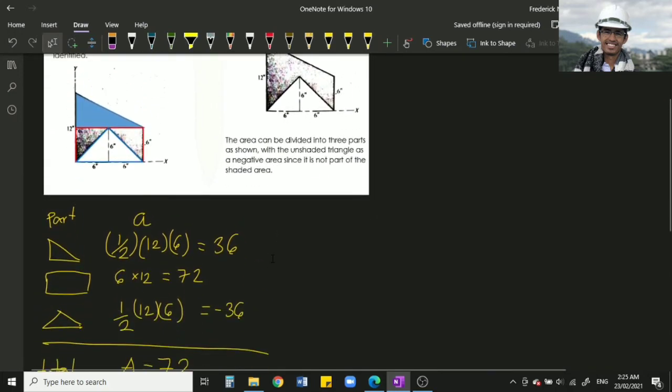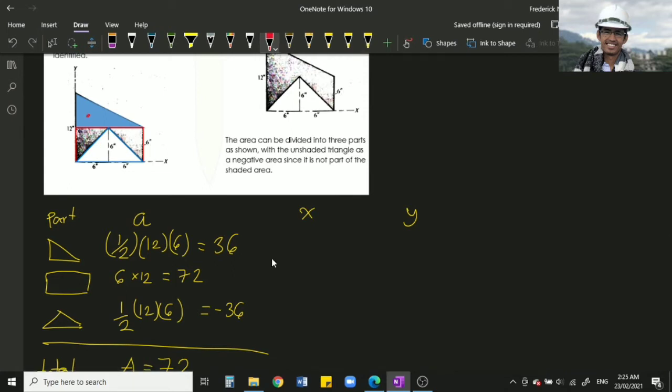And next, kunin naman natin yung X and Y. Okay? So, yung bar X and Y nung individual figure natin. So, yung centroid nung ating X for the first part. So, yung centroid nito is nandito, di ba?